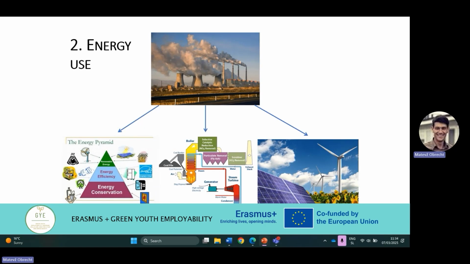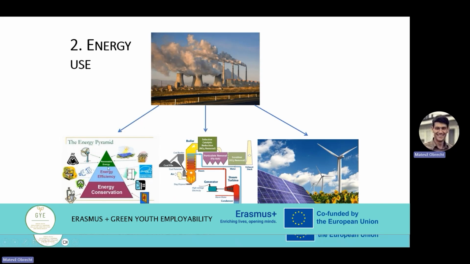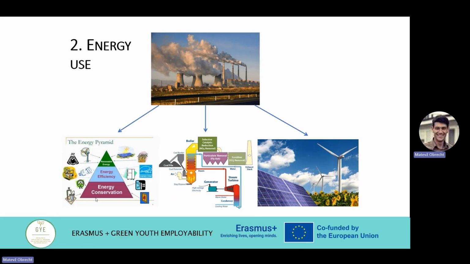As we can see, energy conservation and energy efficiency should be the backbone of every energy supply, whether we talk about global, national, local, or just the level of an individual company or individual household. If we want to replace all the fossil fuels with renewables, we must be aware that we don't have a sufficient amount of planet Earth.